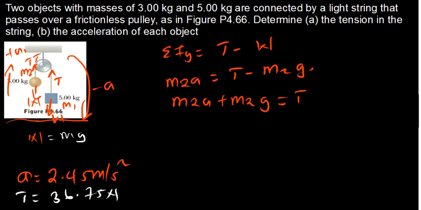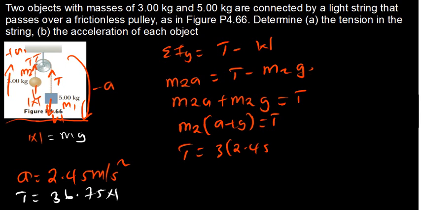If I want, I can plug in the values directly, or I can just factor out M2. So I can say that M2 open brackets A plus G is equal to T. What is our M2? Our M2 is 3 open brackets, our acceleration is 2.45 plus 9.8. So what would be our tension force?